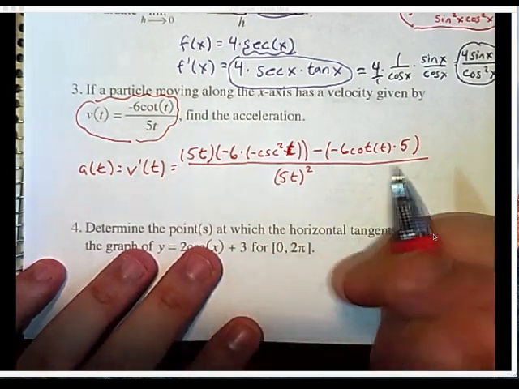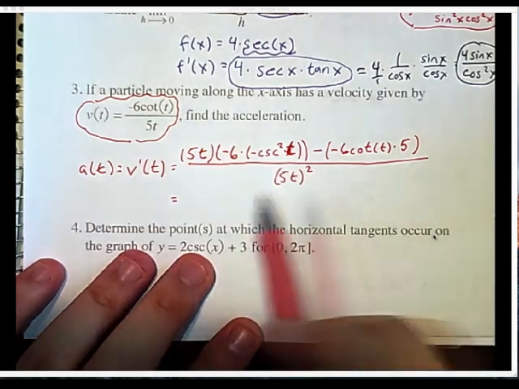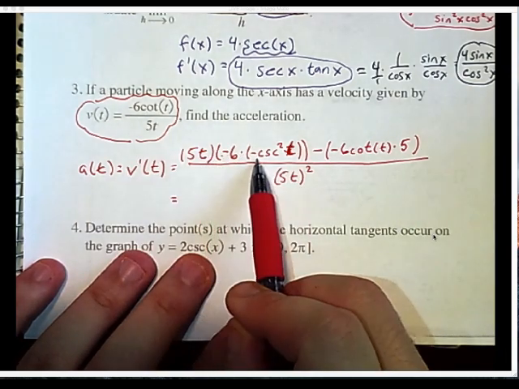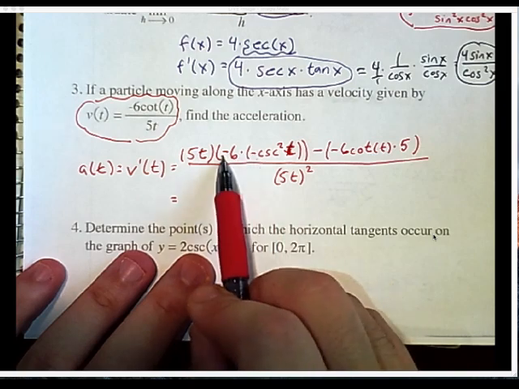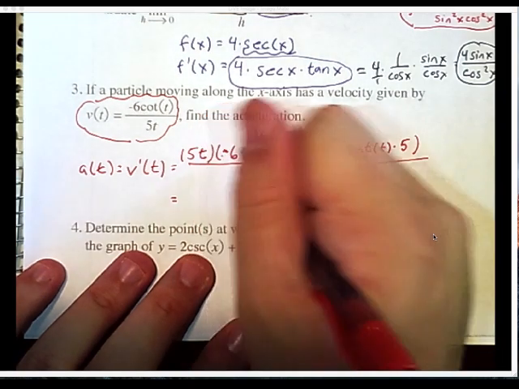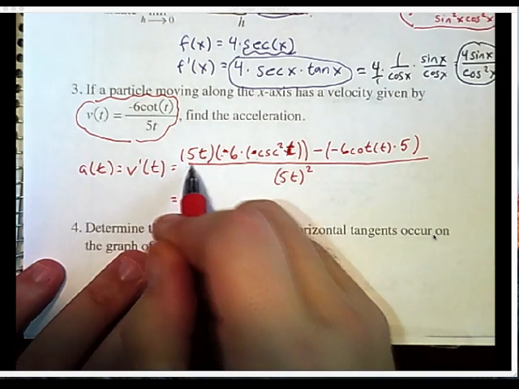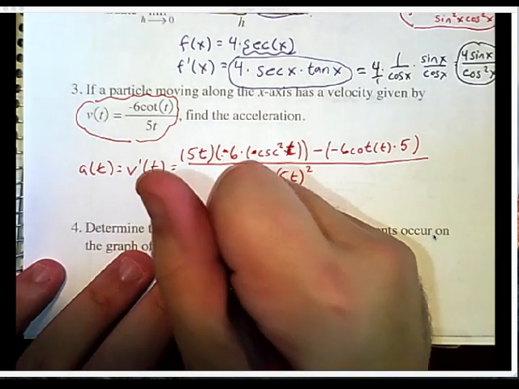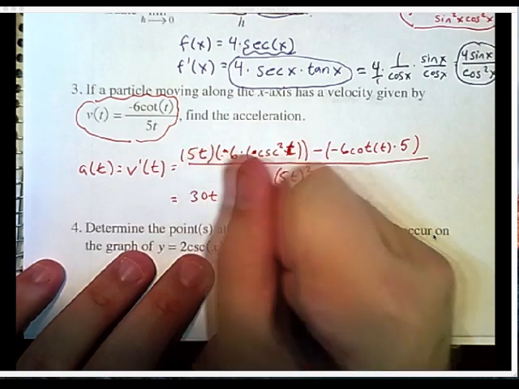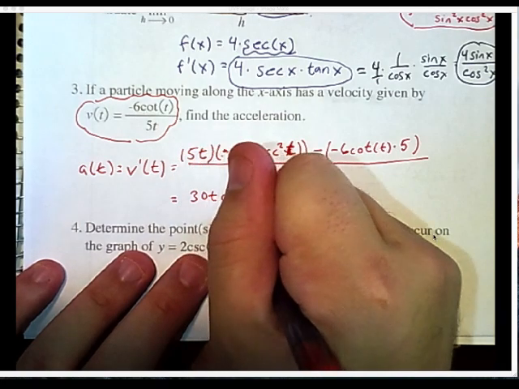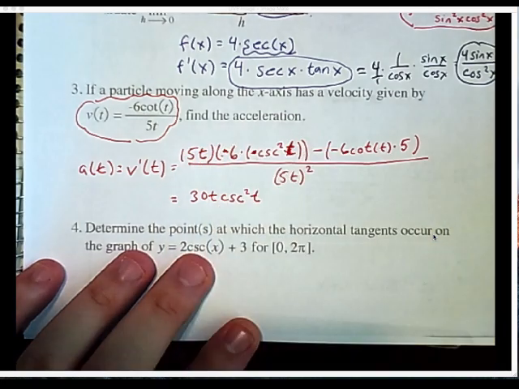Okay. So if we simplify this a little bit, I have a -6 times another negative, negative's positive. So I can basically cancel out these negatives. They're going to multiply and give me a positive. 5t times 6 is 30t. So I get 30t cosecant squared of t.